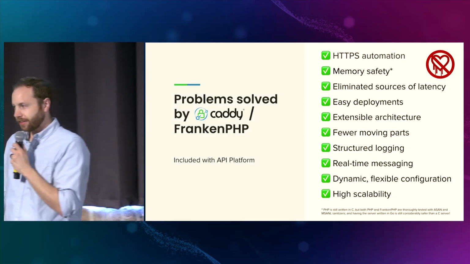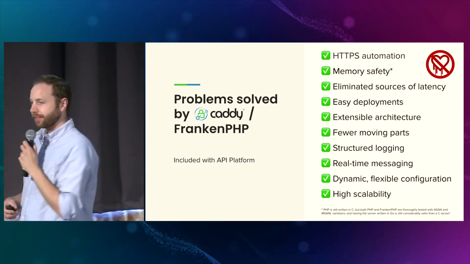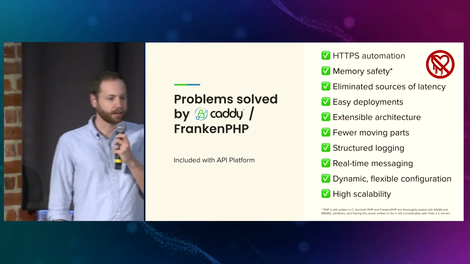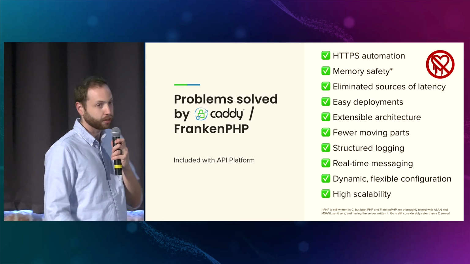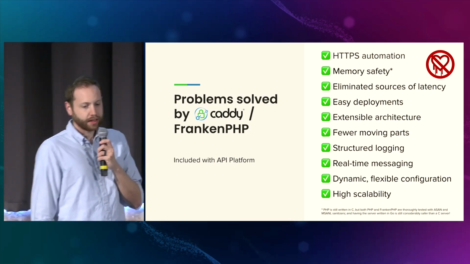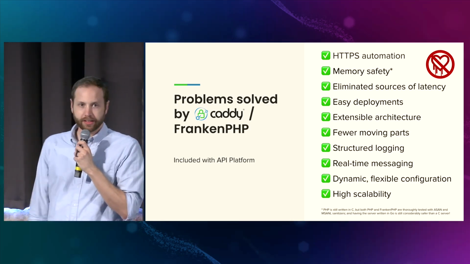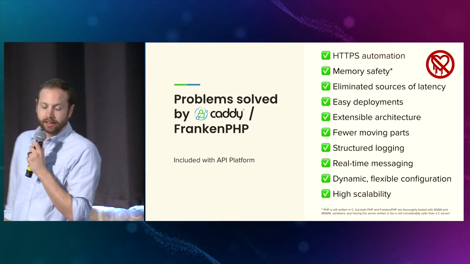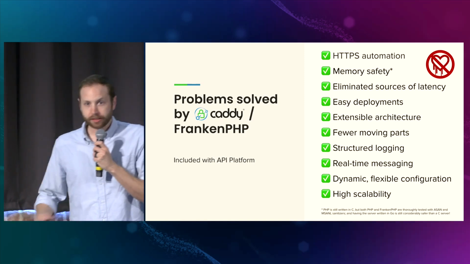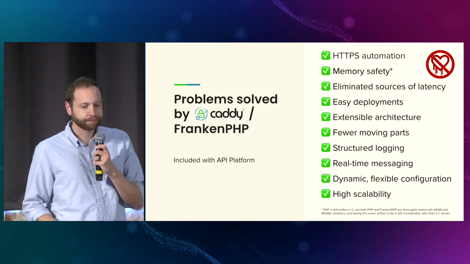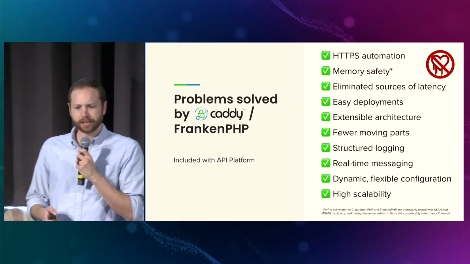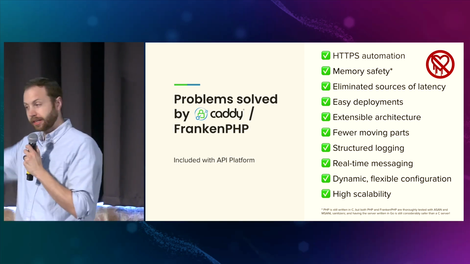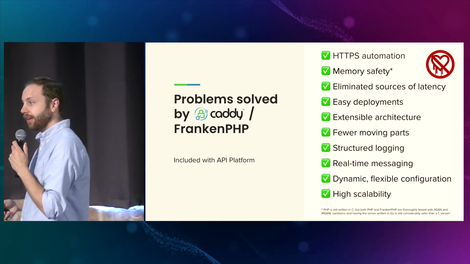And it turns out this architecture actually solves a lot of problems that have gone with the territory. Caddy automates TLS certificates, so your sites serve over HTTPS automatically. You get memory safety because Caddy is a Go program, and that means that bugs like Heartbleed, if you remember that from 2014, are impossible.